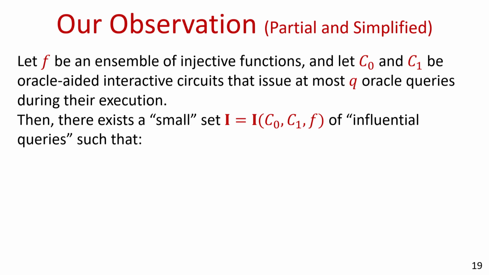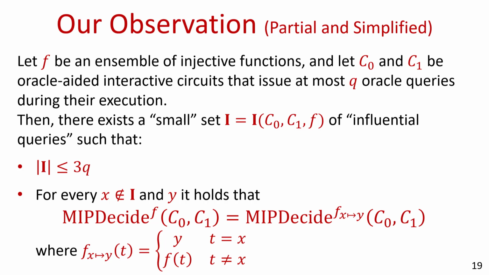Then, there exists a small set I of influential queries, where by small we mean that its size is at most 3Q, and by influential we mean that if we modify f on a single input that is outside of the set I, then the output of MIP_decide on input C0, C1 does not change.